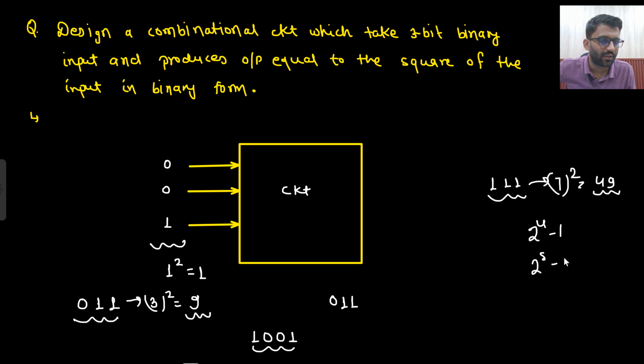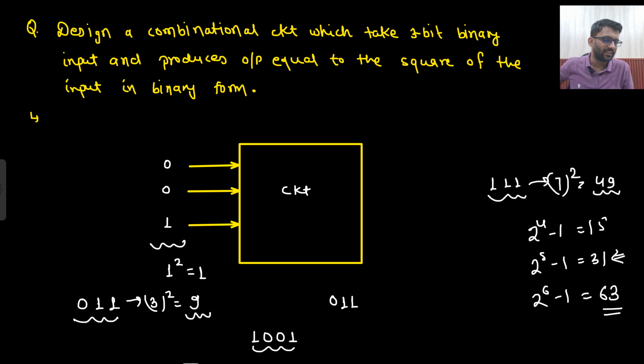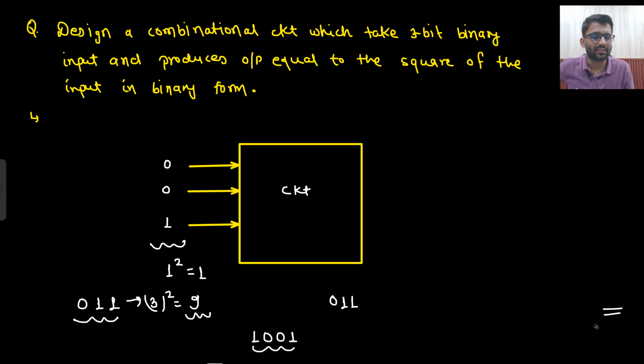With 5 digits, you get 2 to the power 5 minus 1, that is 31. With 6 digits, 2 to the power 6 is 64, so 64 minus 1 is 63. So 49 cannot be covered in 5 bits. You need 6 bits.